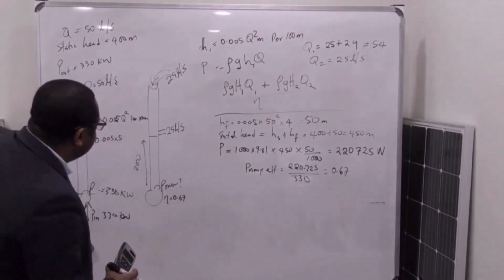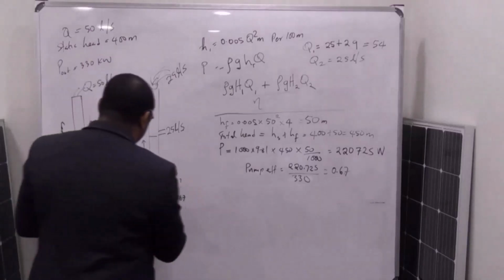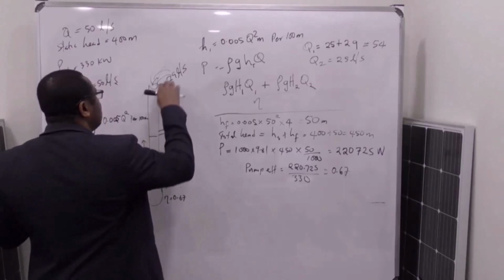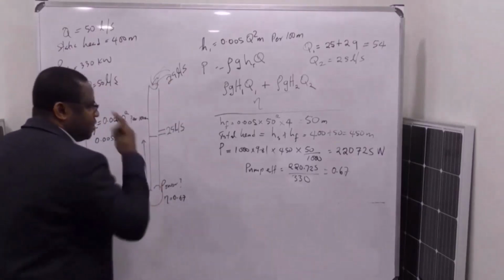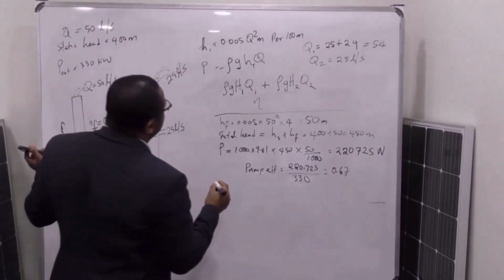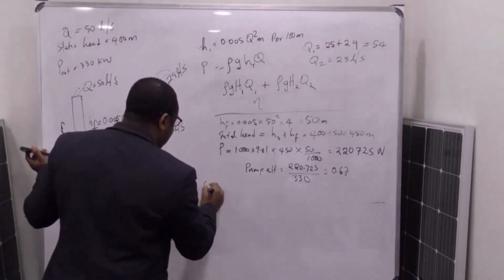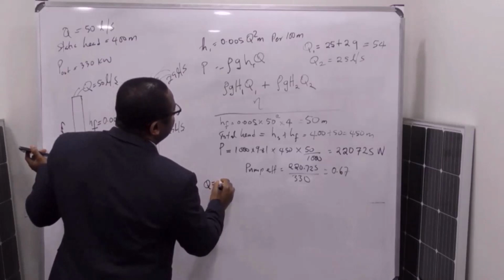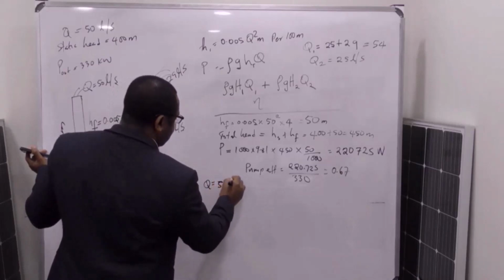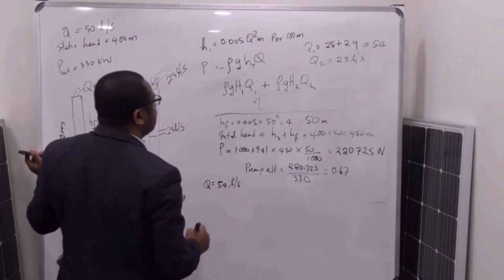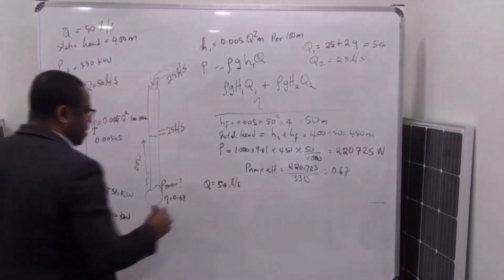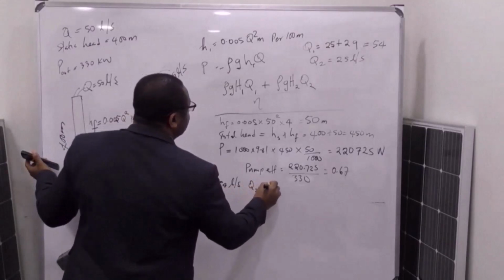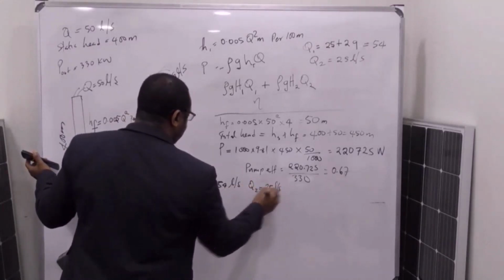All right, so let's check the power to move from here to here plus power to move the remaining liquid 29 from here to there. All right, so let's have a look. Now, in that case, our Q1 is 54 liter per second, and our Q2 is 25 liter per second.